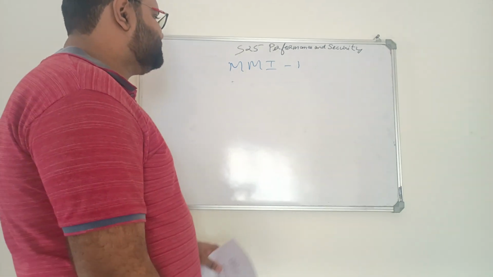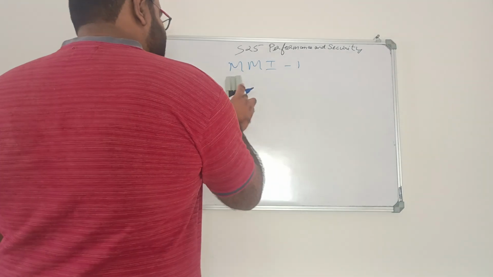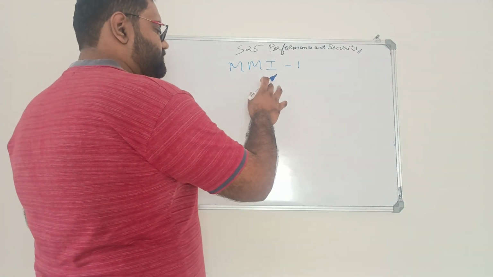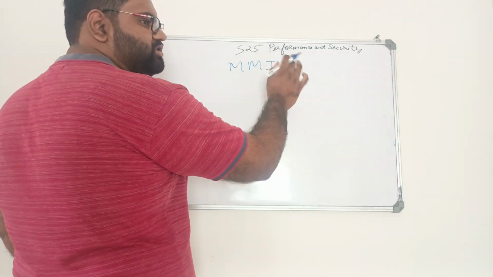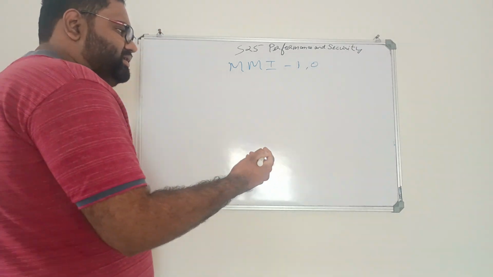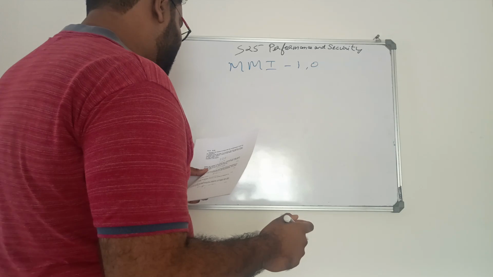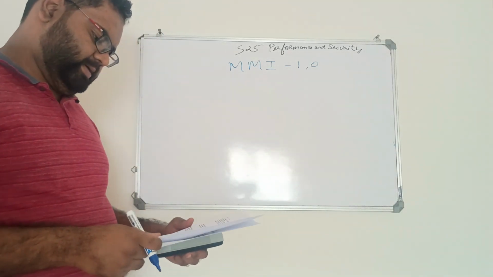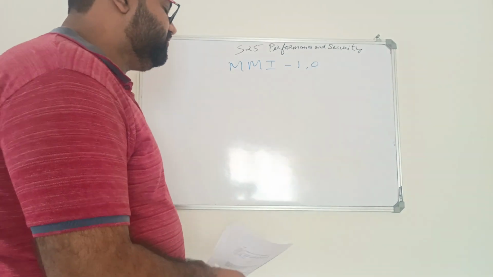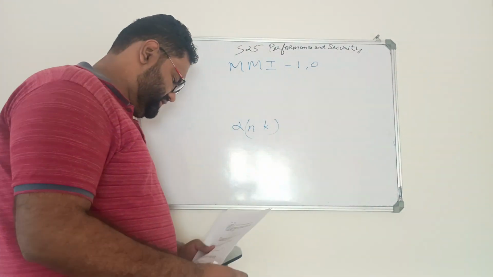Since I cannot calculate every single possibility on every single bit, I'm going to make this assumption: that there is either 1 or 0 bits lost, 1 comma 0. So in any possible key, there's either 1 bit which is missing or 0 bits which are missing, and the person doesn't know exactly where the missing bit is. So if we do that for BB84, we get 2n times k, where k is the number of messages.